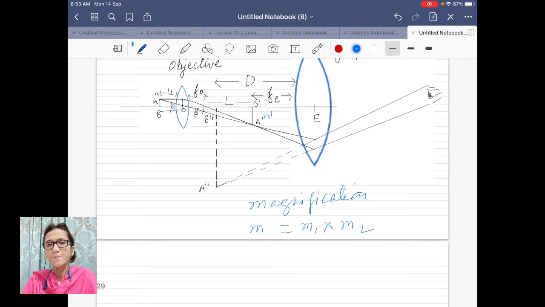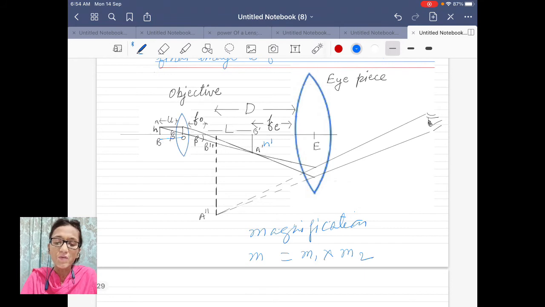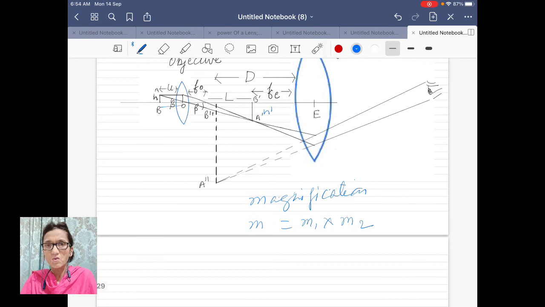And here we have the second lens, which will be acting as a magnifying glass, a simple microscope. So its magnification when the final image is formed at near point, we have just obtained. This magnification M2 you can write is equal to 1 plus d upon focal length of this lens. And this lens has focal length Fe, the focal length of the eyepiece. So the magnification due to the second lens we already know.